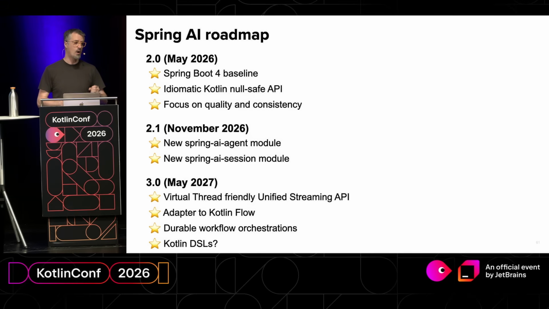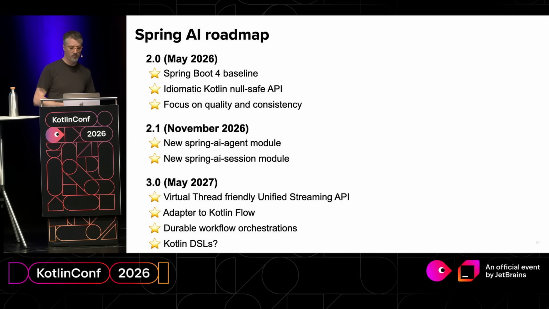Here we will provide more high-level building blocks to build agentic workflows or custom workflows with sub-agents, etc. So it will be a bit more high-level. And a new Spring AI Session module that will replace the current memory support, which is a bit limited, and will provide short and long-term memory support with a nice abstraction. Those will be the two big features that we will provide in 2.1 in November.